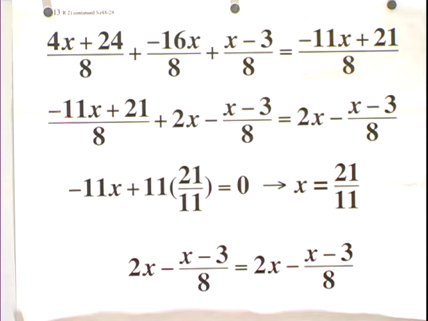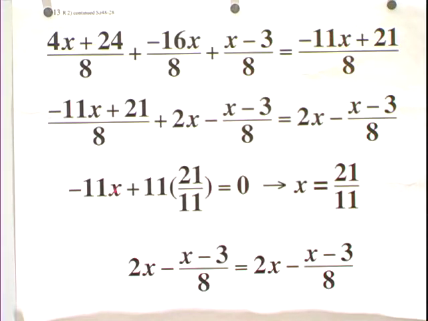I'm going to reformulate the numerator. I have minus 11x. This coefficient is minus 11. I'm going to create a coefficient of plus 11, multiply times 21, and then divide also by 11. So that's equal to 0. This term must be equal to 0. Only the numerator we need work with.